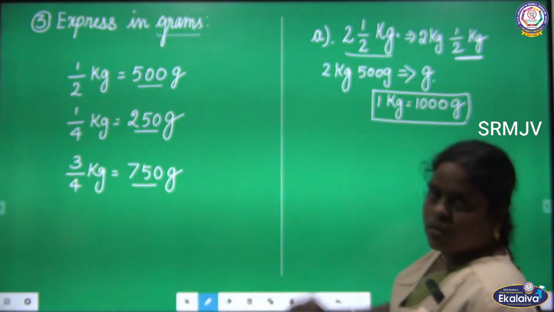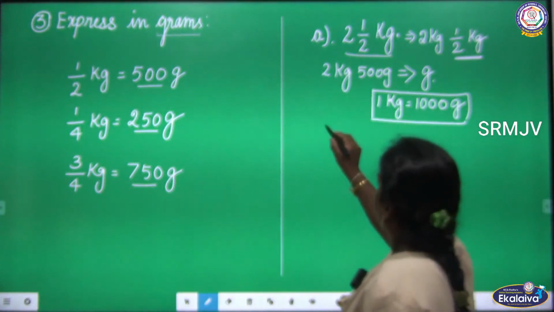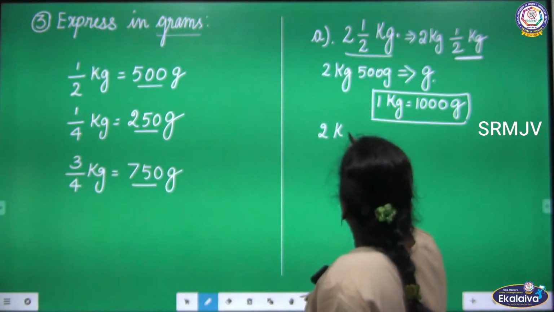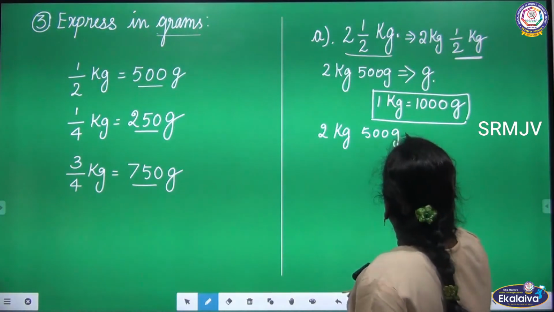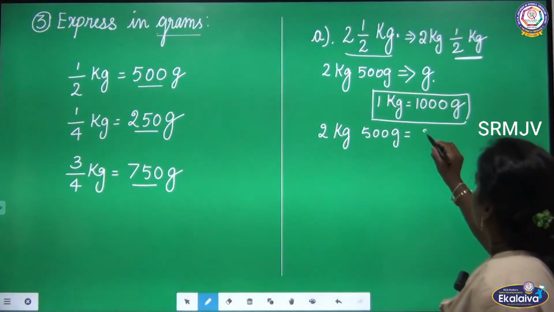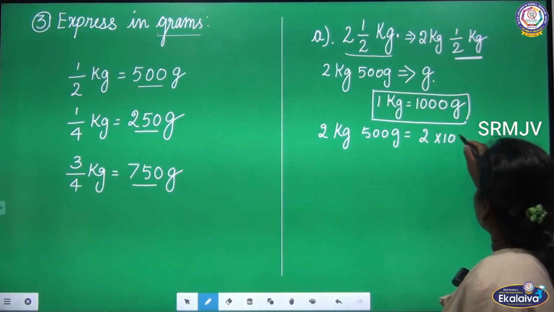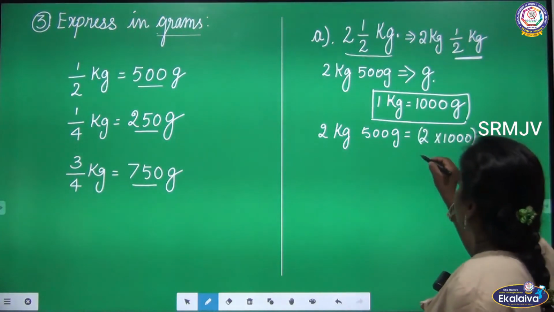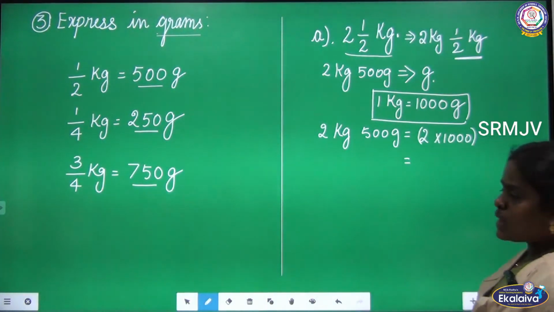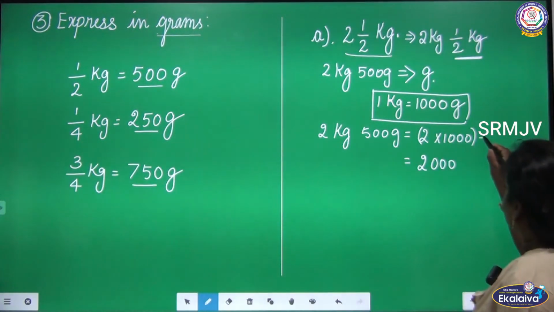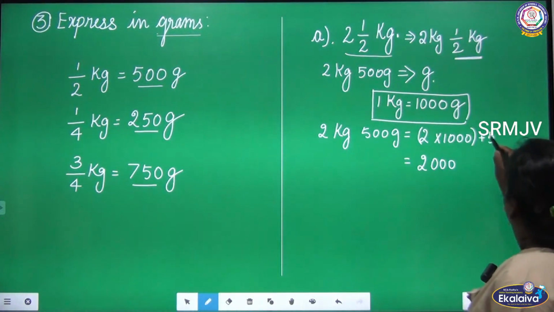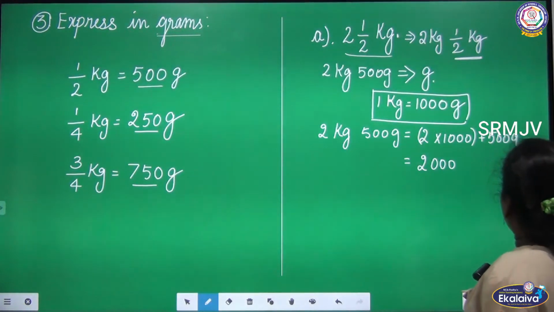So here we have 2 kilogram. Multiply the number 2 by 1000 and then add the number 500. What will you get if you multiply 2 into 1000? Yes, 2000 plus we are going to add 500 gram.